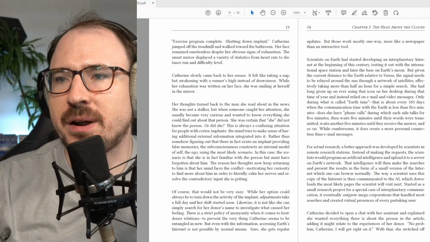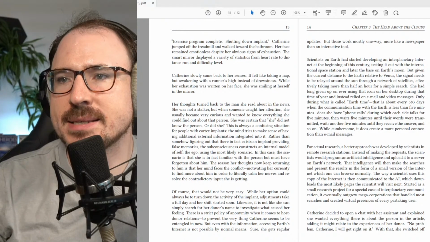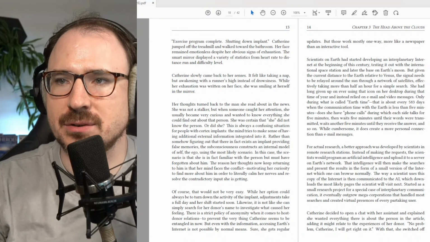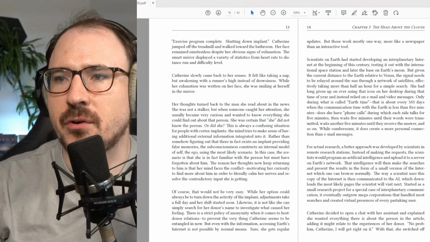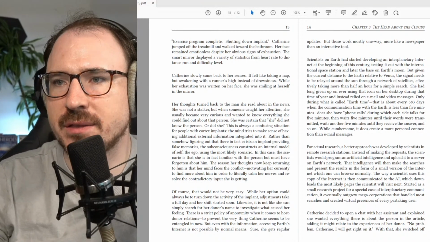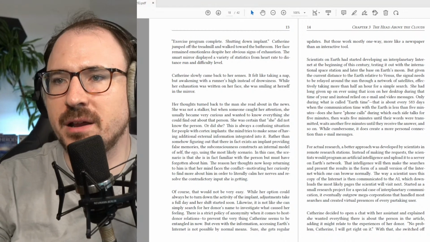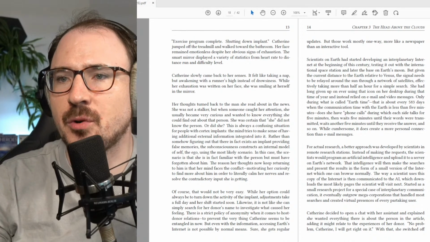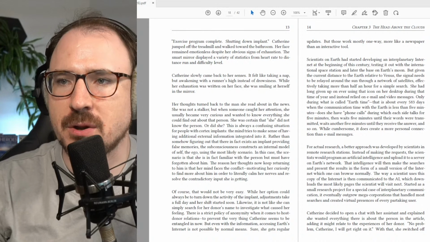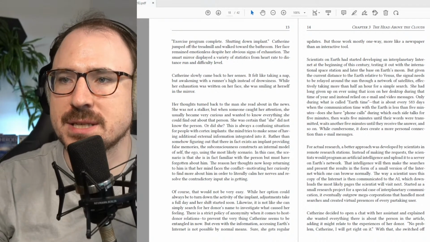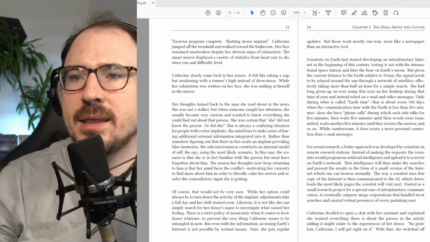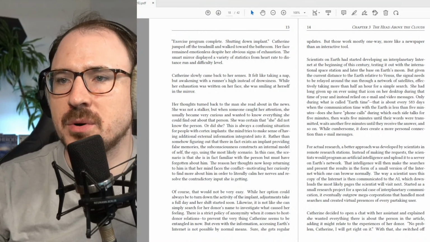The mind tries to make sense of having additional external information integrated into it, rather than somehow figuring out that there in fact exists an implant providing false memories. The subconsciousness constructs an internal model of self, the ego, using the most likely scenario.